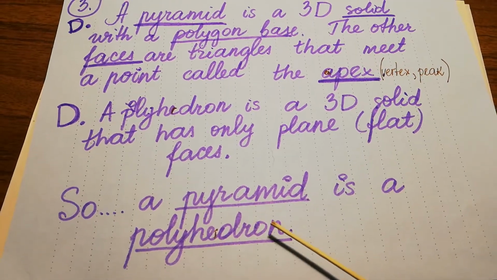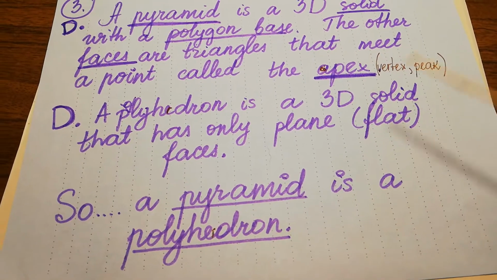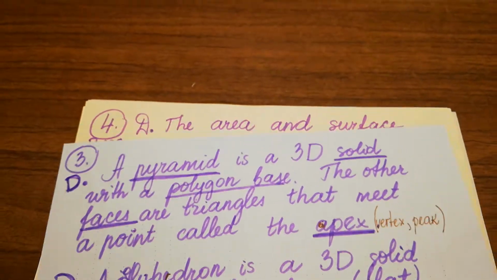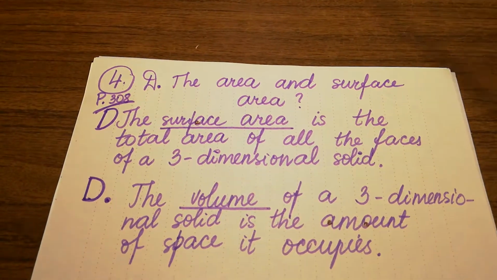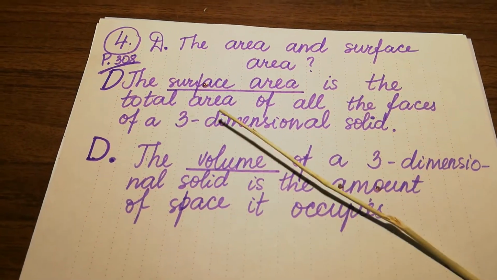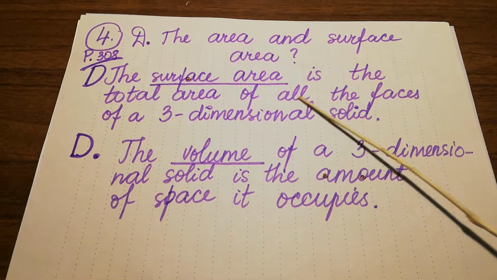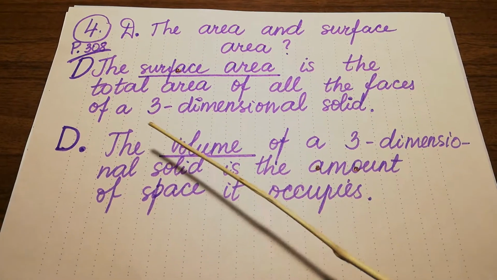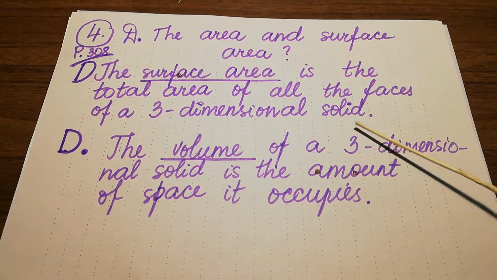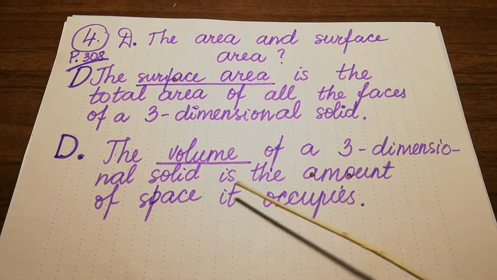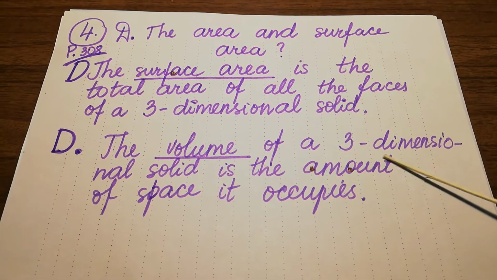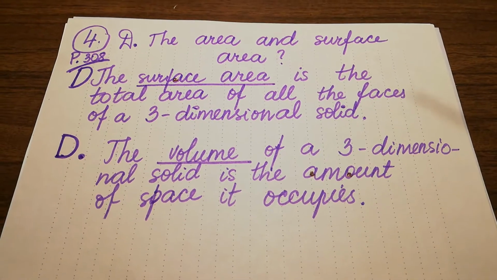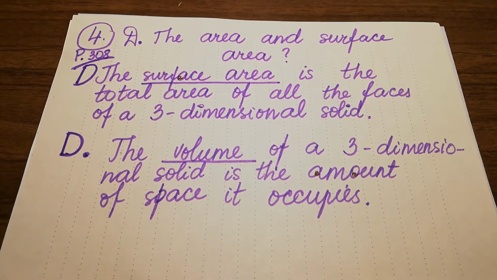So, a pyramid is a polyhedron. The surface area is the total area of all the faces of a three-dimensional solid. And the volume of a three-dimensional solid is the amount of space it occupies.